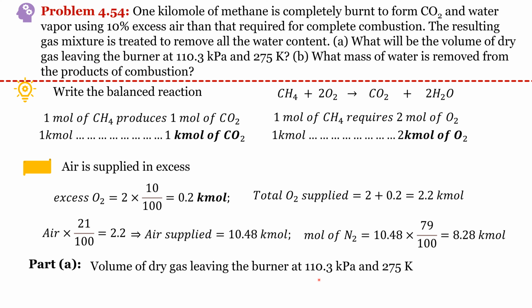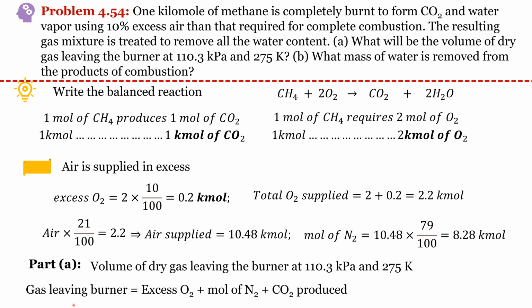If we can find the number of moles of all gases leaving the burner, then using the ideal gas equation we can find the volume. The gas leaving the burner will include excess O2, because there is complete combustion of CH4.